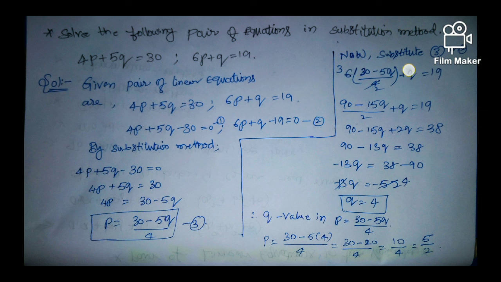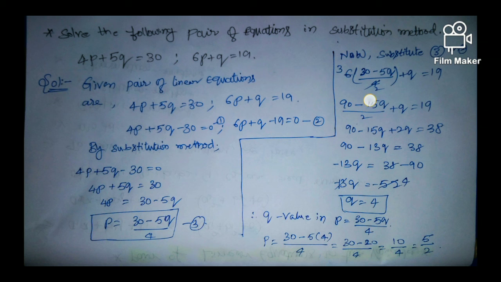Now substitute the p value from equation number 3 into the second equation, that is 6p + q - 19 = 0, which we can write as 6p + q = 19. Wherever you have p, replace it by (30 - 5q)/4.